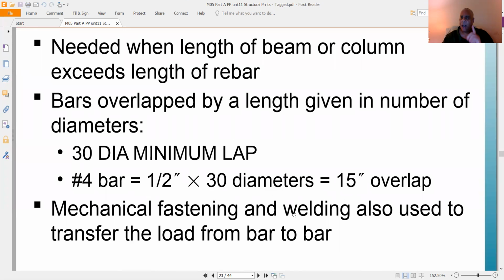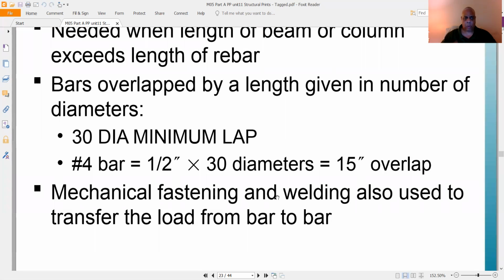They took 30 and multiplied by 1/2 to get 15 inches. Now, where do they get that 1/2 from? Very simple. A number 4 bar is 4/8. If it was a number 5 bar, you would have 5/8 times 30, which is 8 divided into 150, so almost a 17-inch overlap.